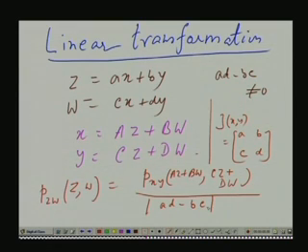Further, suppose it is given that x and y are jointly normal. Then our claim is that z and w also are jointly normal. Why?